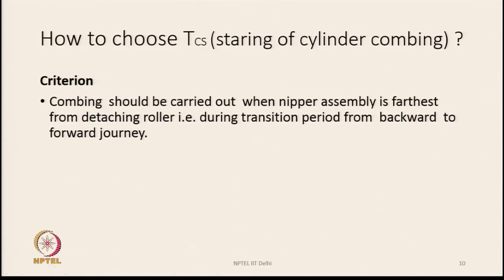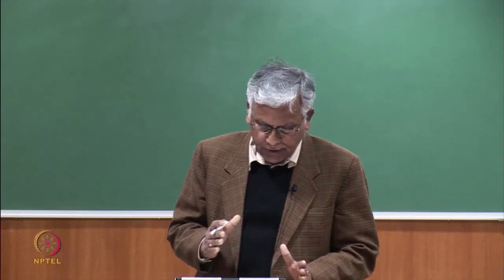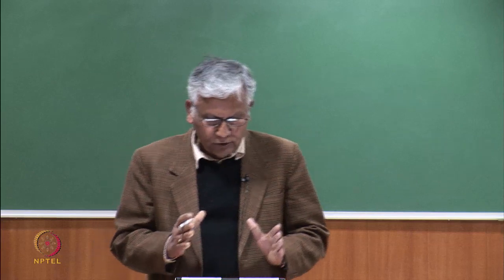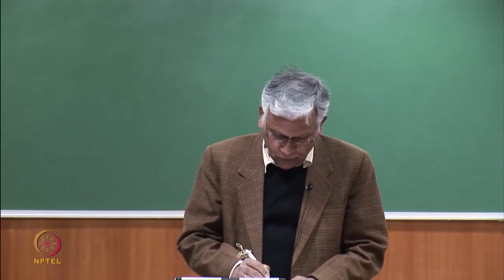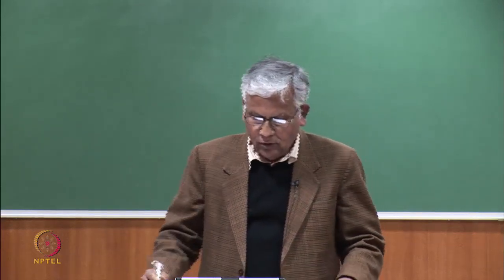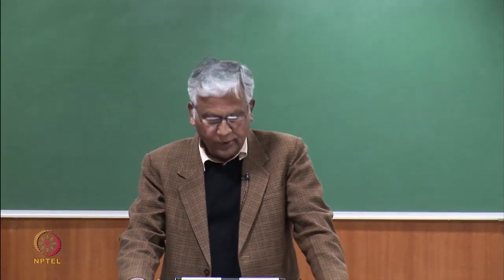So, it is carried out when the assembly is farthest from the detaching roller, that is during the transition period from backward to forward journeys. So, the nipper is continuously oscillating backward and forward. So, when it goes to the backwardmost position and then reverses, starts moving forward, that is the time when it is farthest from the detaching roller. So, that is the timing we have to choose for cylinder combing.